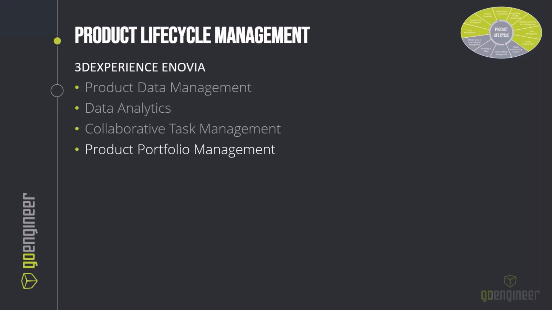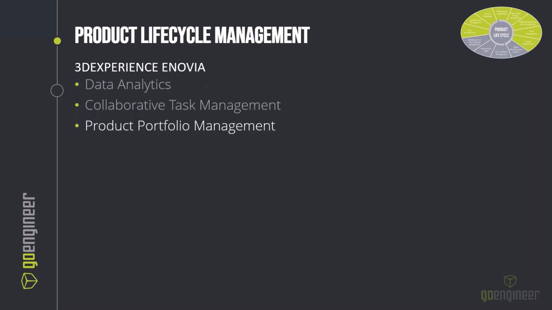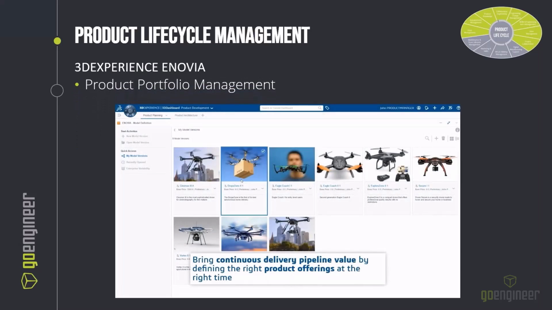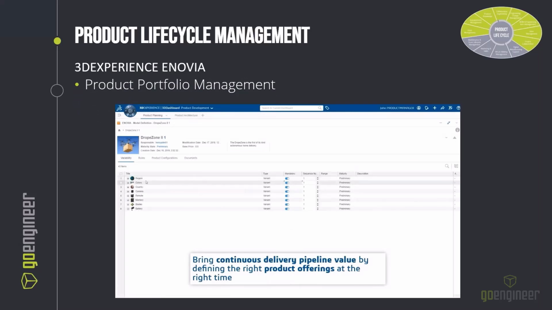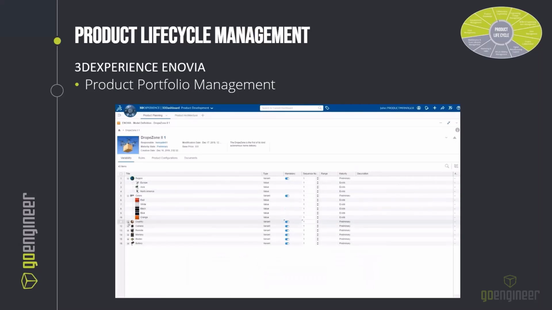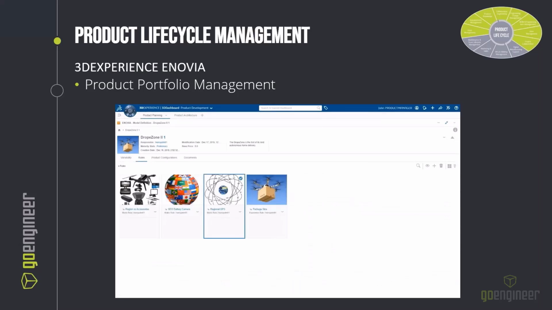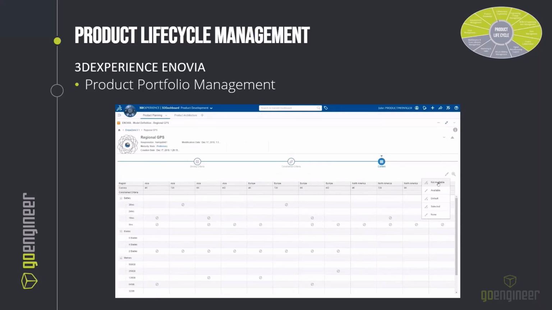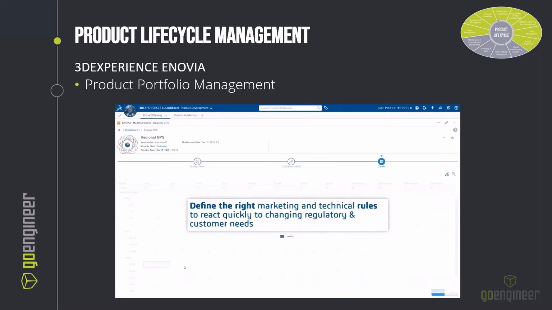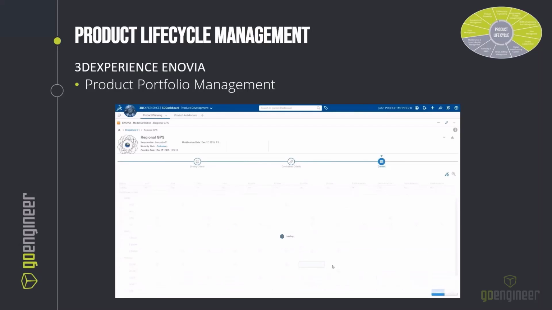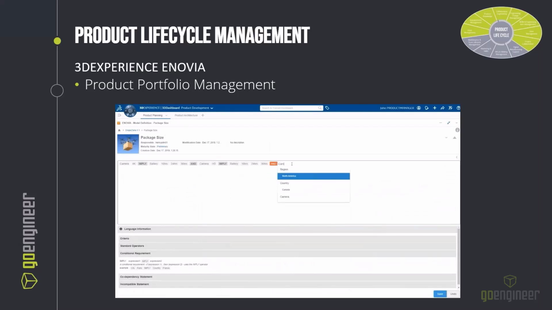And as our products become more complex, we also need tools to manage that complexity. With 3D Experience, product managers can better define product offerings to the right markets and/or customers. An easy-to-use graphical interface allows you to define the right product combinations.